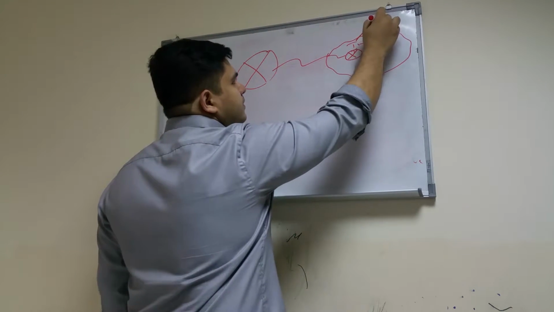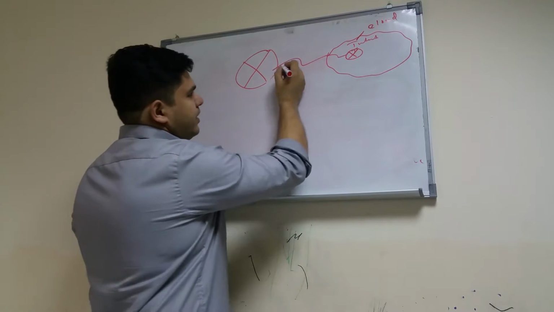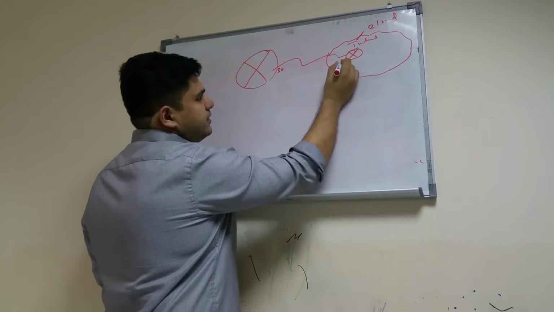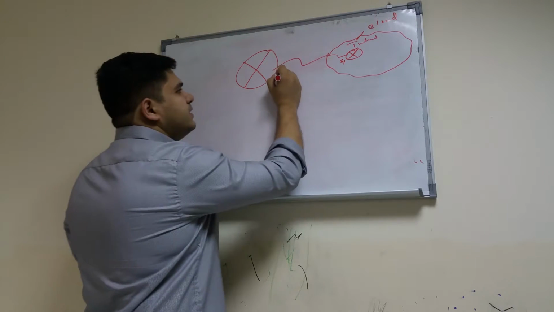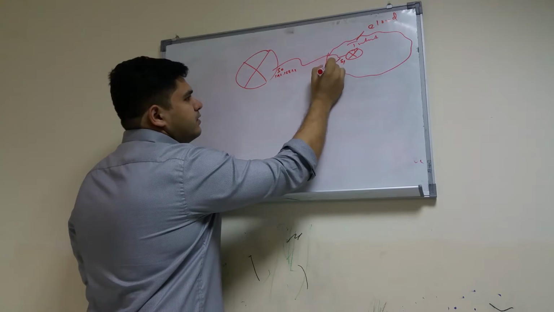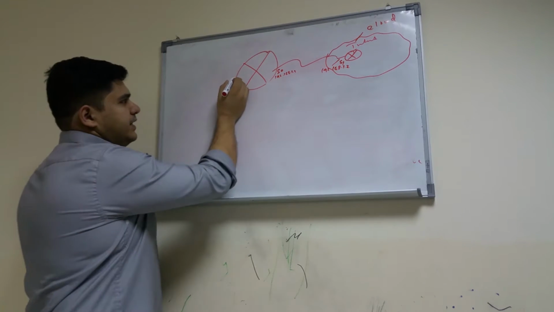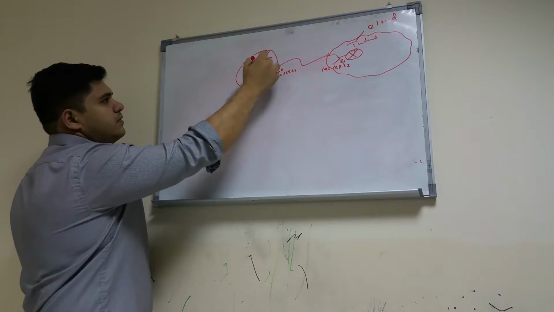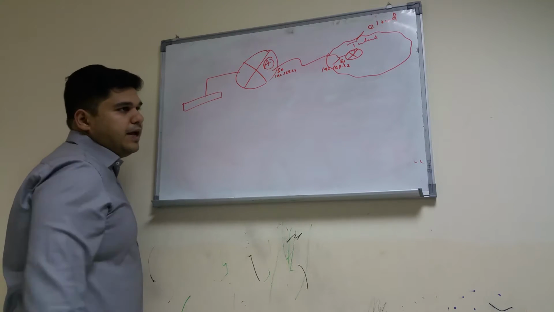In the lab you can use serial 0 and serial 1 and configure some IP addresses, let's say 192.168.1.1 here and 192.168.1.2 there. Then this is your company router, which is connected with the LAN.